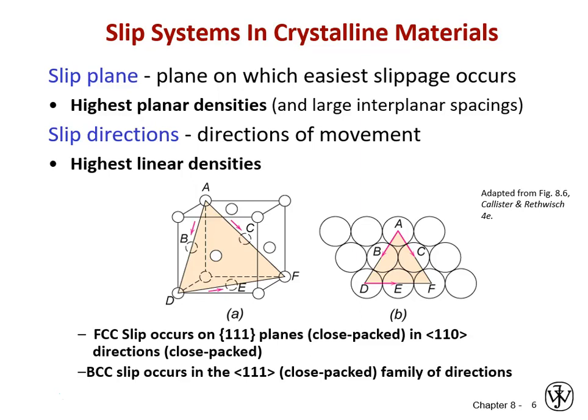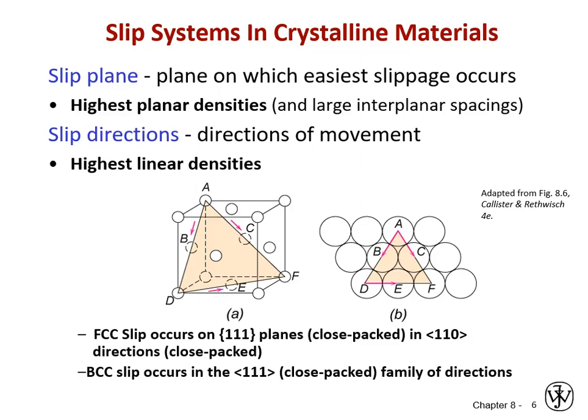Feel free to go ahead and check. All of those first row transitional metals that end up in so many structural applications, many of them are face-centered cubic. The dislocations that are already in the material will move easiest and first in the 110 direction and on the 111 planes because they are close packed.